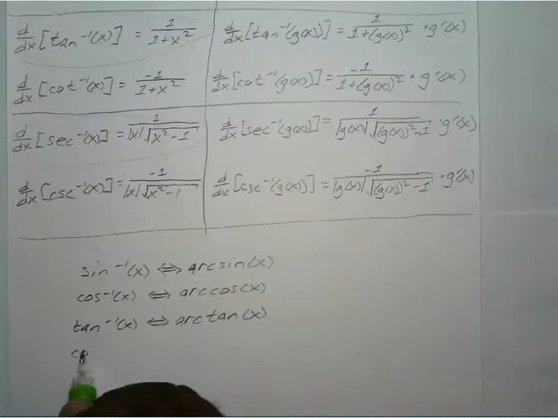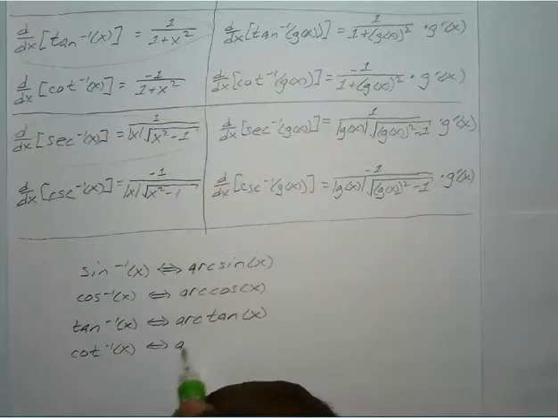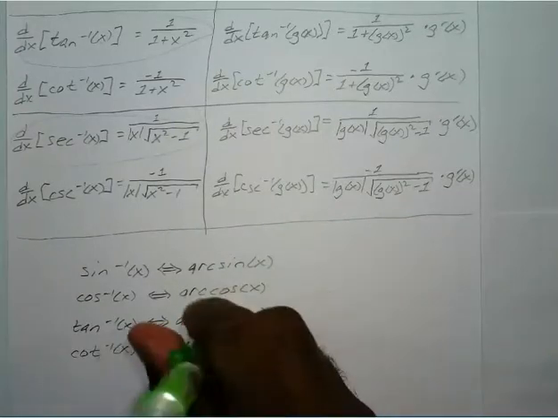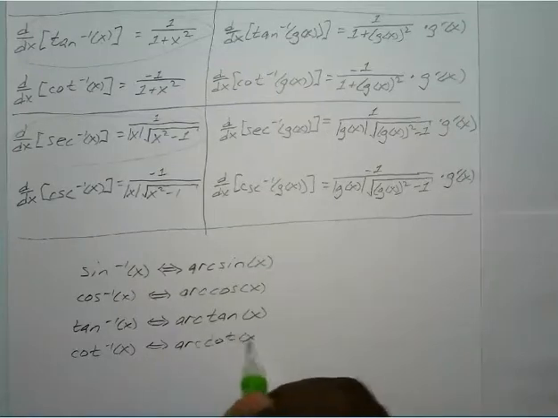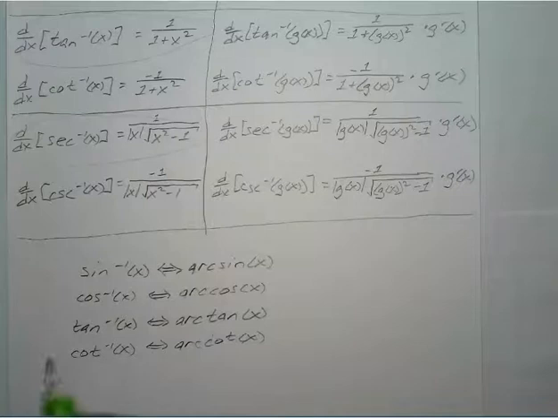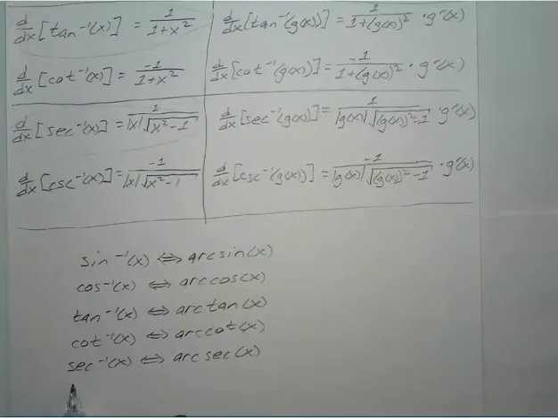Okay. You may see cotangent inverse or arccotangent. You may see secant inverse or arcsecant. You may see cosecant inverse, or you may see arccosecant.